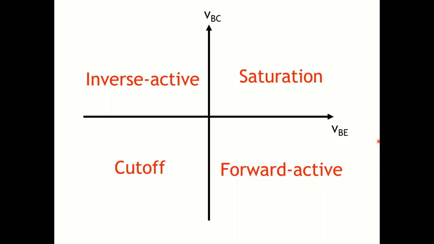The transistor is operating upside down. The emitter is acting as a collector, and the collector is acting as an emitter. So you flip the roles of collector and emitter, then you will have the inverse active, and everything should be the same as the forward active.